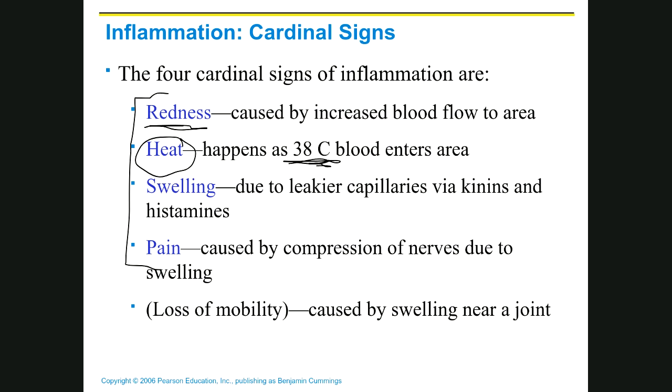That's because the blood is red. And then we're going to get leaking capillaries, so we're going to get swelling. And the leaky capillaries and the swelling are going to compress nerves, and that's going to cause pain. So we're always going to get heat, redness, swelling, and pain. And then if it's near a joint, you also get loss of mobility.